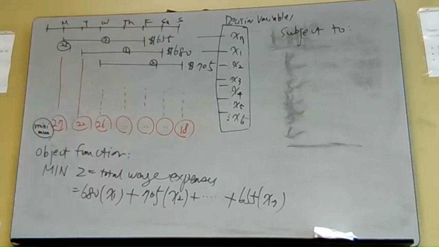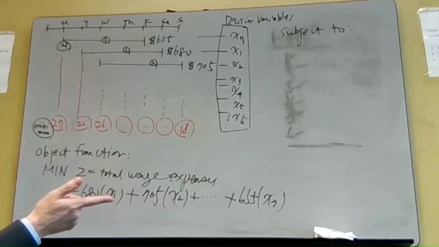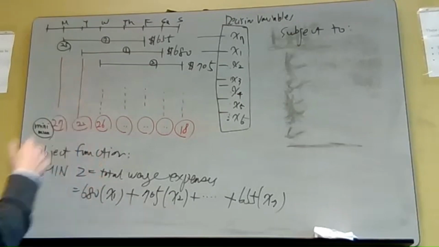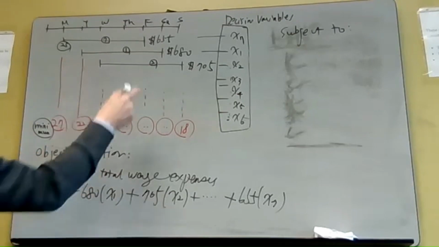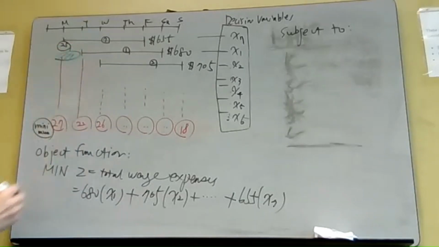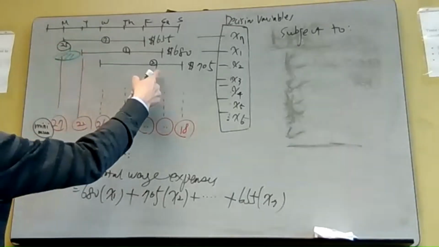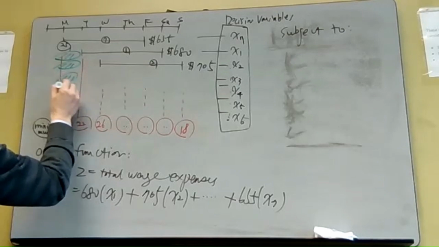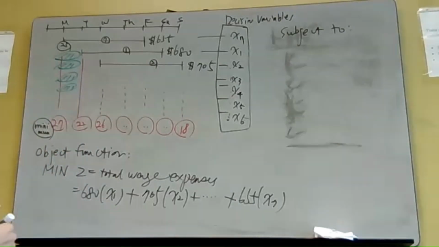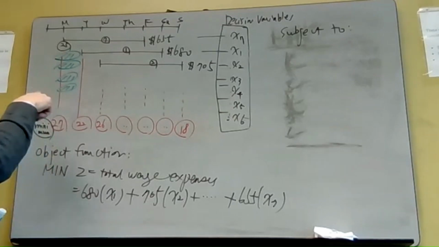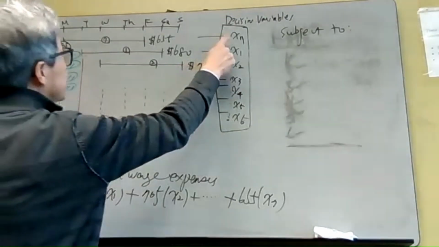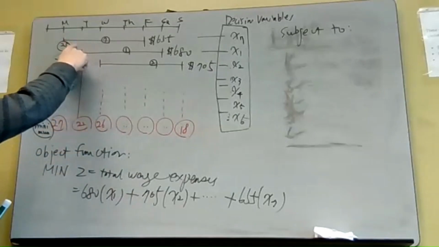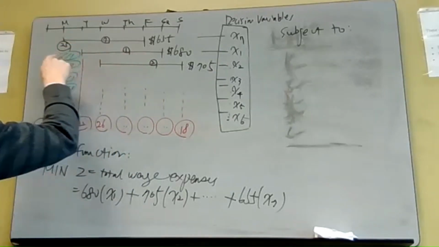For Monday shift, do you see that? Shift 7 will have workers on Monday, but shift 1 doesn't have workers on Monday.